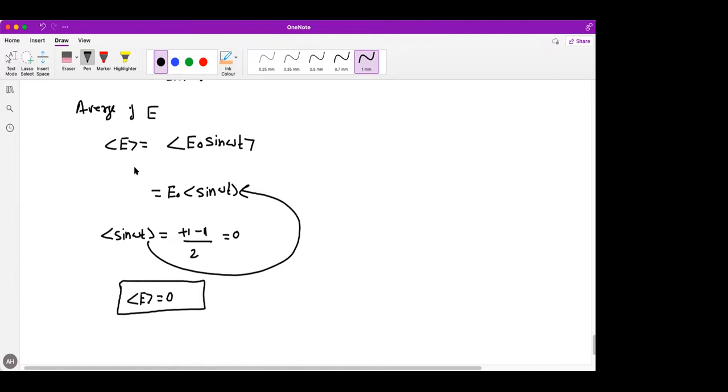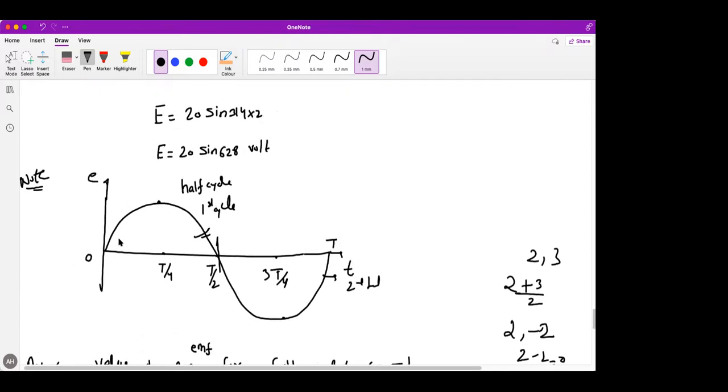So what do you think? If you look at this half cycle, 0 to T by 2, should the average value be 0 or non-zero? It could be 0, it could be non-zero. From 0 to T by 2, is the EMF positive only, or does it have negative values also? Positive value. There is no chance it gets cancelled out.